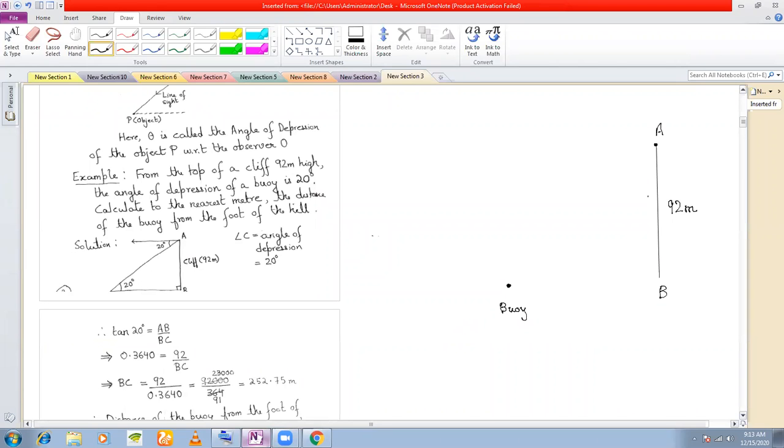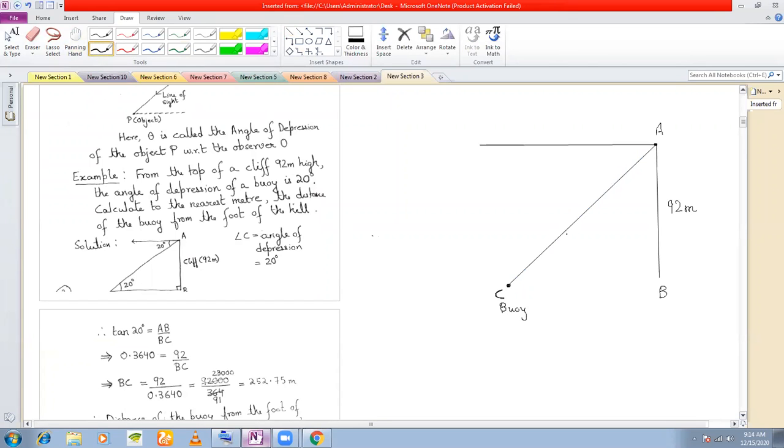From the top of a cliff, the angle of depression of the buoy is 20 degrees. Now, what is the angle of depression? First of all, the observer is at A. He is standing at A and he is observing the buoy at, say, C. Okay, so let's draw his line of sight first. So A is looking at C. This is his line of sight. Okay, what is the horizontal? The horizontal is this.